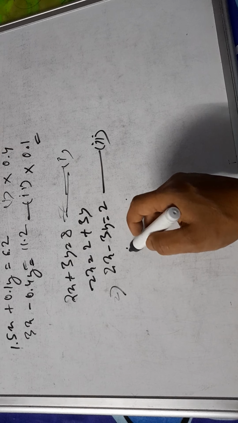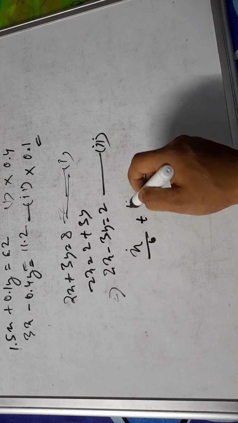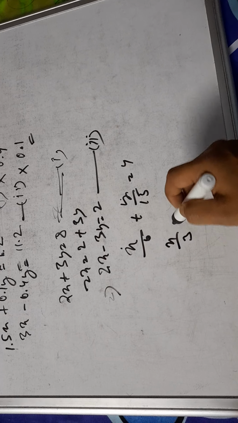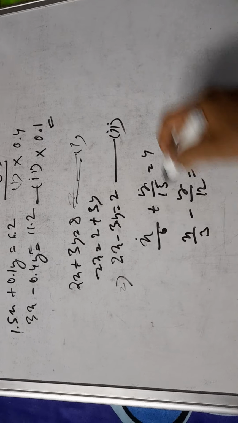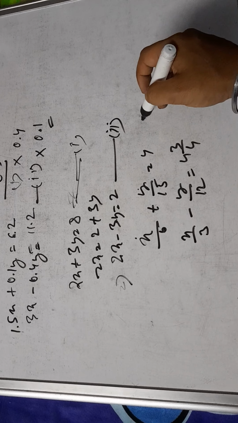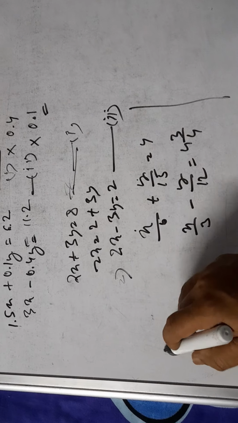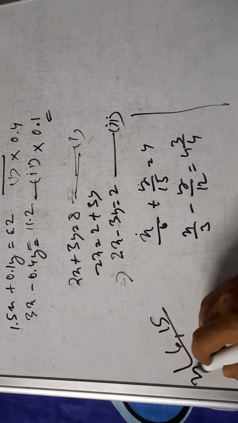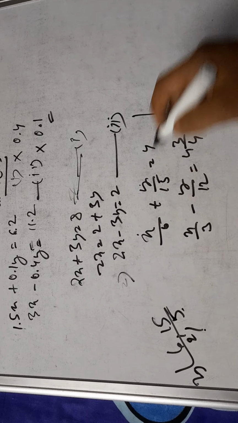Now, the last question: x by 6 plus y by 15 equals 4, and x by 3 minus y by 12 equals 4 3 by 4. Convert this into normal equations. Take out the LCM of 6 and 15: we get 2, 3, 3, 2 just 6, and 3, 5 just 15, so 5 times 6 is 30.